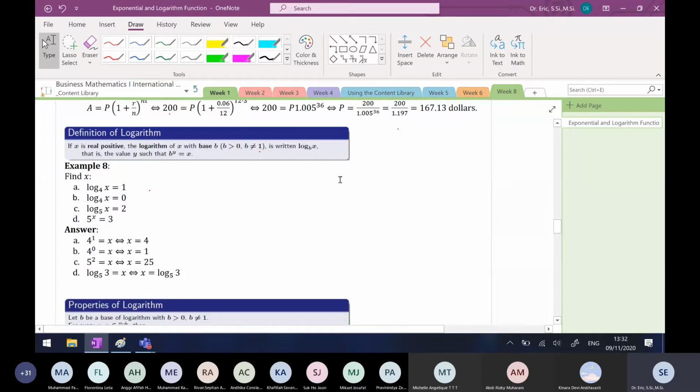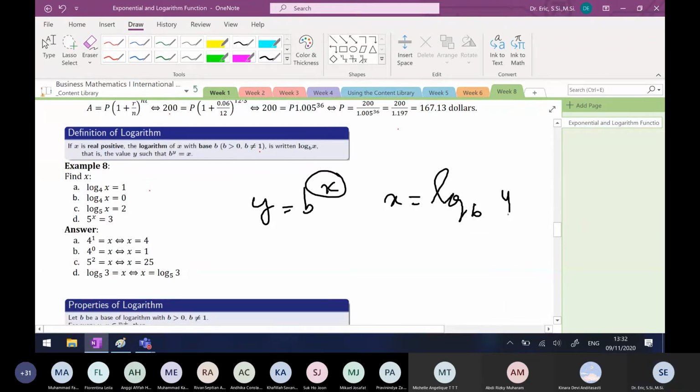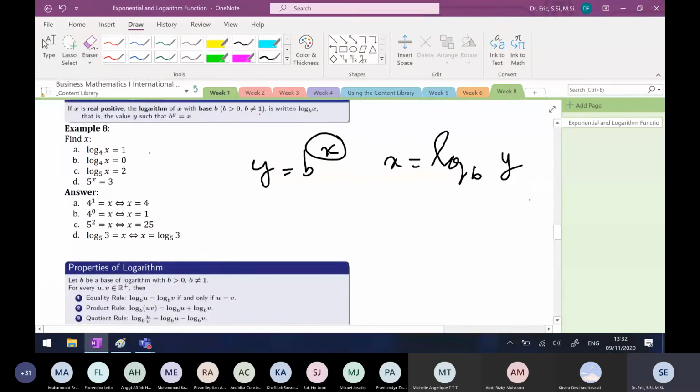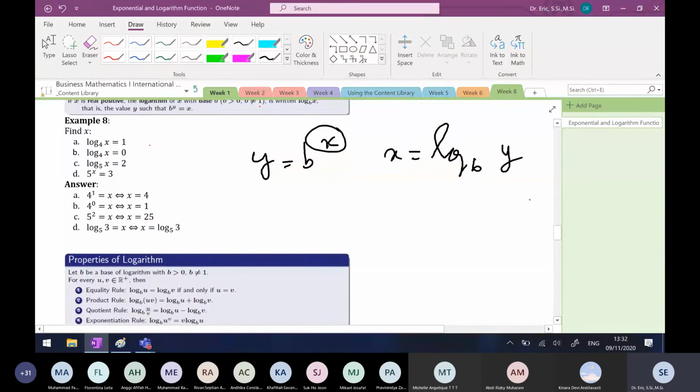So if you have an exponential, y equals b to the x, how do I find x? The logarithm. Okay, so this is the property of logarithm. We can prove that, and I can show it in the video, that this is the inverse function of this.